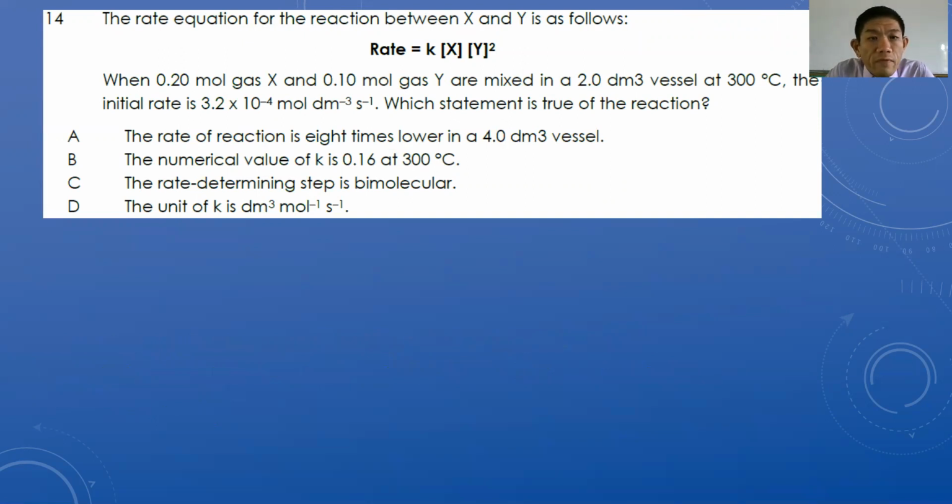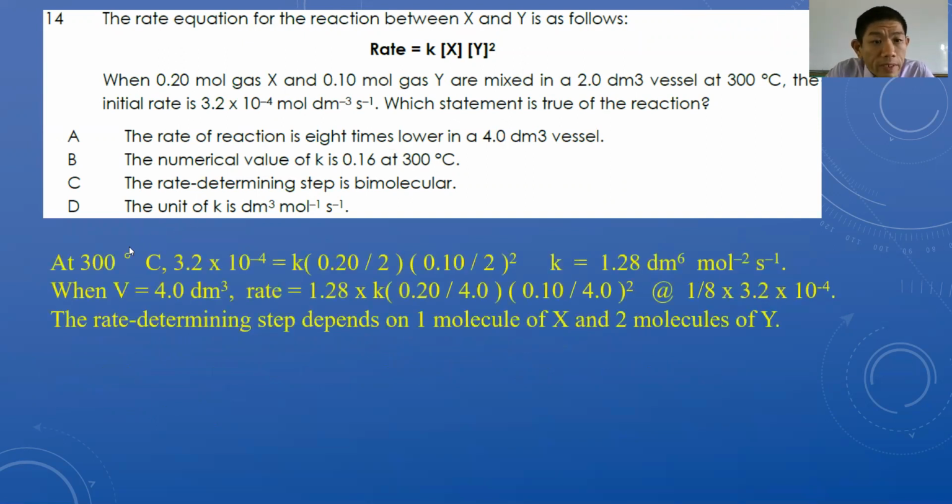So at 300 degrees Celsius, you substitute into the rate equation. 3.2 times 10 power negative 4 equals k times 0.20 divided by 2, multiplied by 0.1 divided by 2 squared. Because this is in moles, you have to convert to concentrations. So you get the rate constant as 1.26 times 10 power 6 mole⁻² dm⁶ s⁻¹.